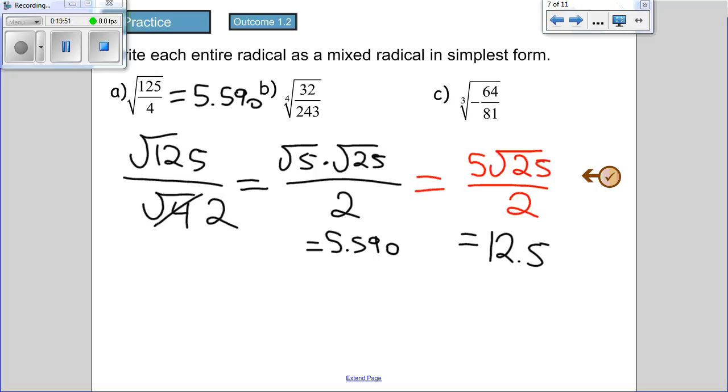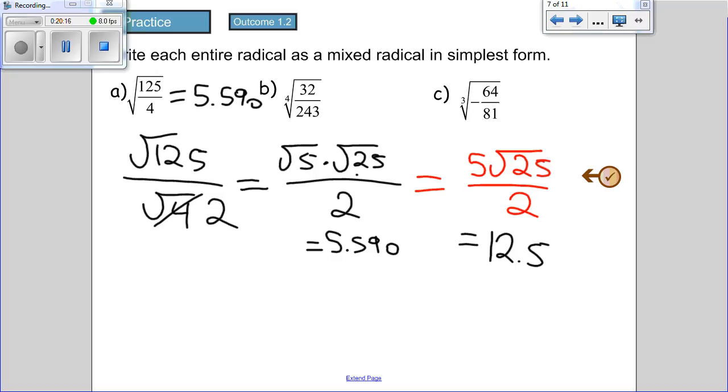Okay, the reason this one is wrong is if you took the square root of 5 and put it in your calculator, you should get some crazy decimal, 2 point something. If you put the square root of 25 into your calculator, what do you get? Just 5. Anything that can be put into your calculator and come out as a whole number, that's what you're changing and getting rid of.